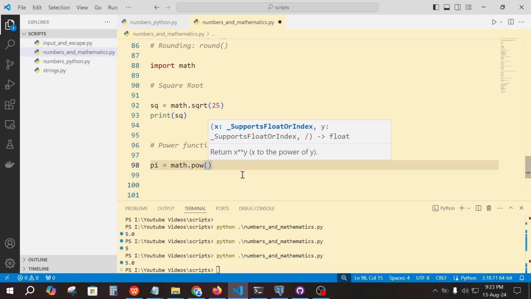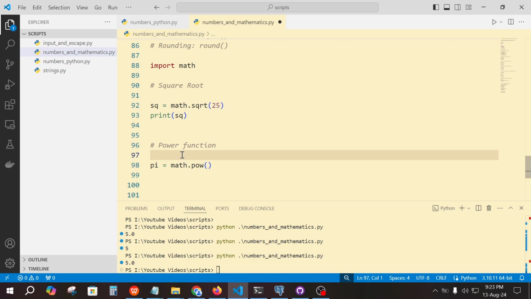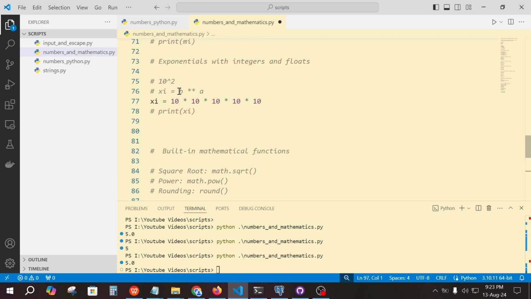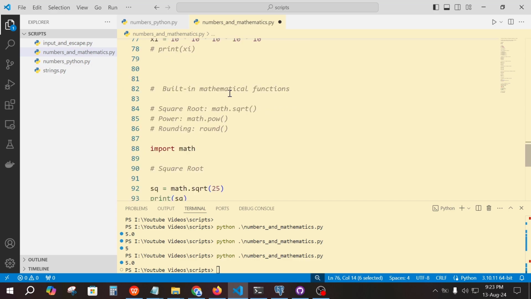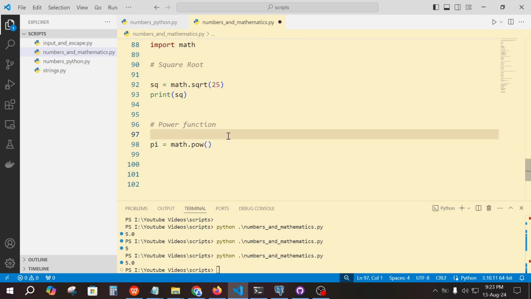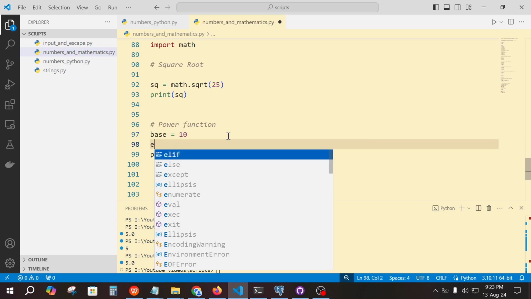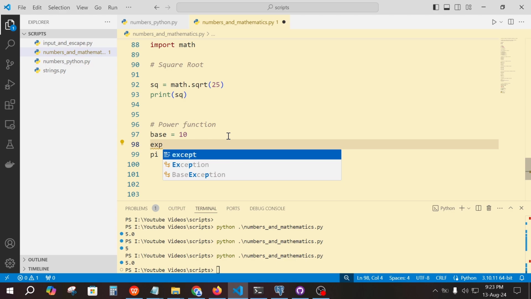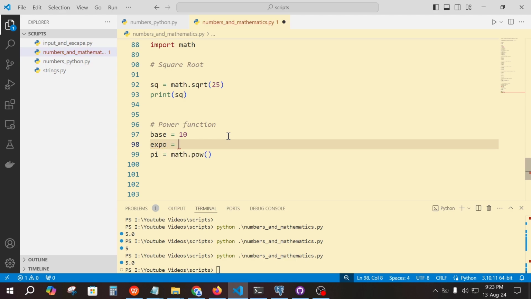Now we can add base and exponential, like base equals 10 and expo equals 2. So this is 10 to the power of 2.